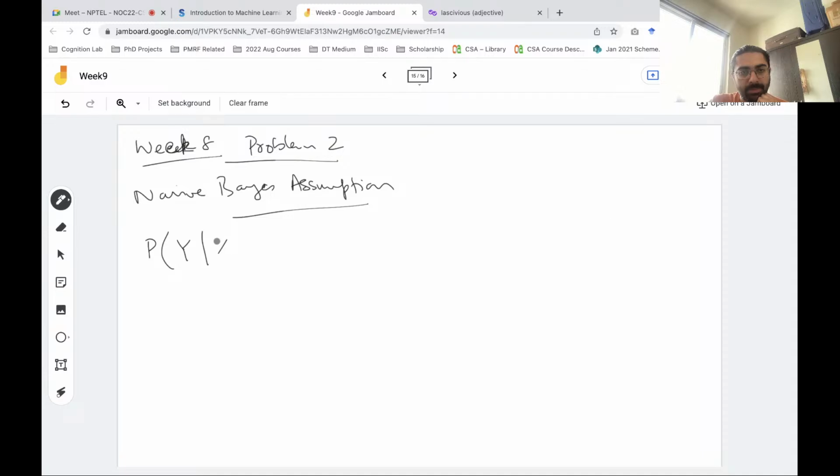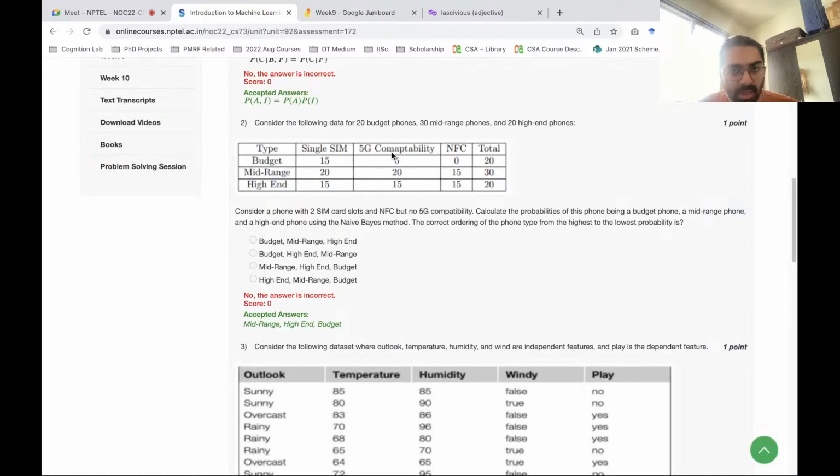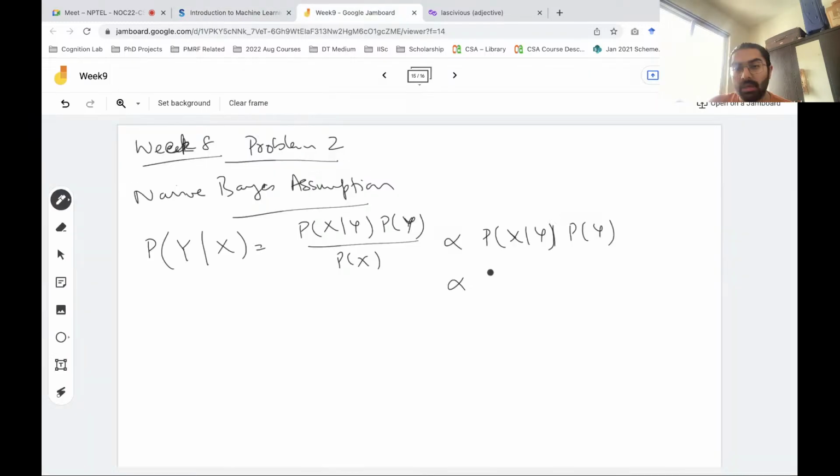probability, this product. Here, what are the features? We have the features of the phone as single SIM, 5G compatibility, and NFC, right? So if the features are independent given the class, what will this probability turn out to be? Let's say I have features x1 to xn.